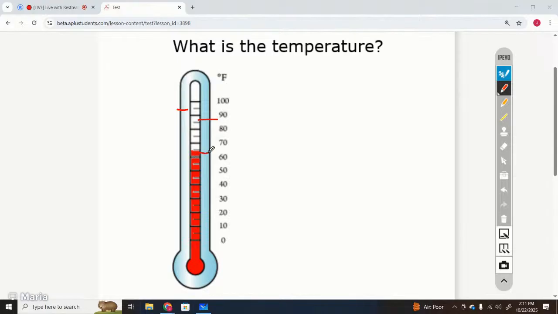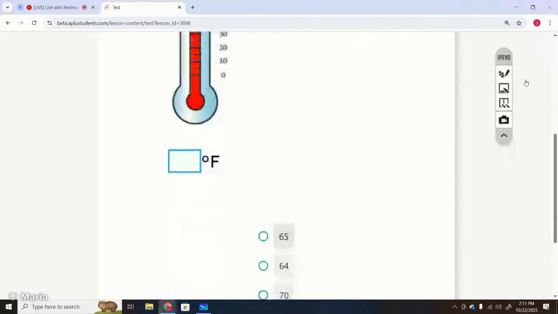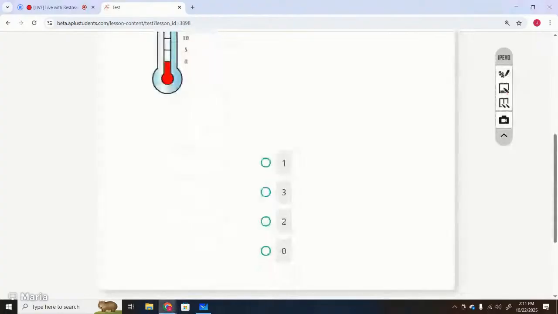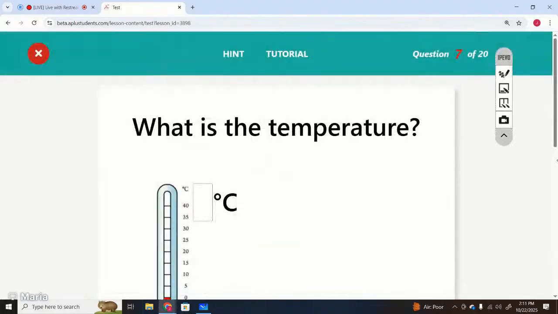You can see here. So that would be 65 degrees Fahrenheit. The correct option is 65 degrees F. Okay, you can complete the lesson by yourself later today. Let me just move on to the next lesson.